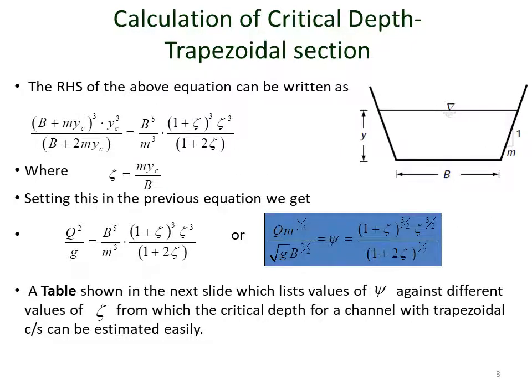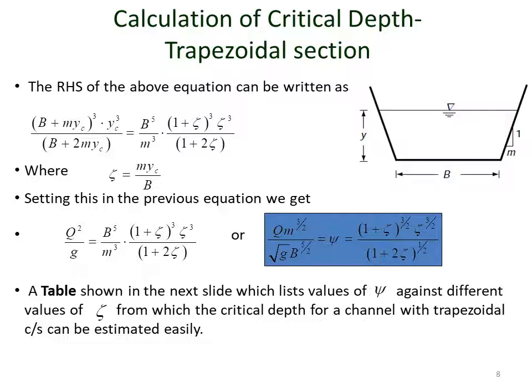So the right hand side of the equation on the previous slide can be simplified as this: capital B to the power 5 by m cube into 1 plus xi cube into xi cube, by 1 plus 2 xi, where xi is equal to small m into yc by capital B.